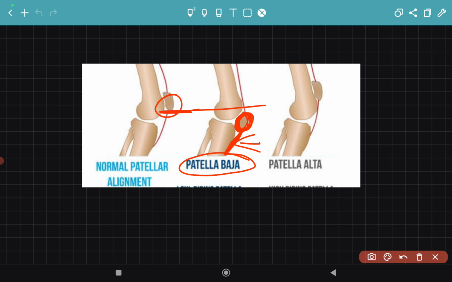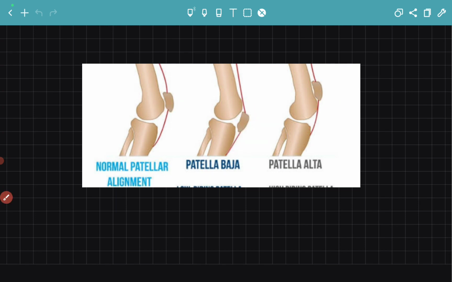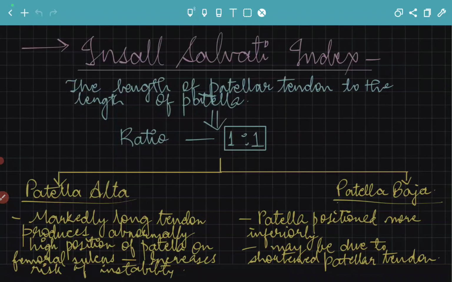We can see this is the normal one, and in patella alta the patella occupies a higher position, while in patella baja it occupies a lower, inferior position. So that was about patella alta and patella baja with the Insall-Salvati index, where the ratio of the patellar tendon to the length of the patella is 1:1.